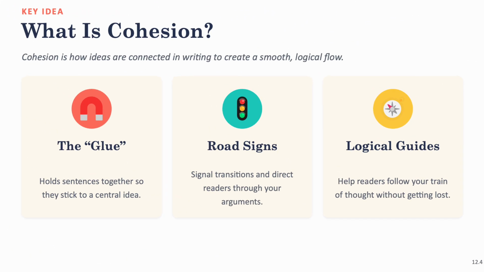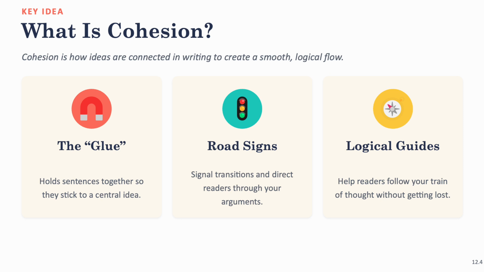So, what exactly is cohesion? Cohesion refers to how ideas are connected in writing to create a smooth and logical flow. You can think of cohesion in three ways. First, cohesive devices act like glue. They hold sentences and ideas together so that they remain connected to the main idea. Second, they act like road signs.